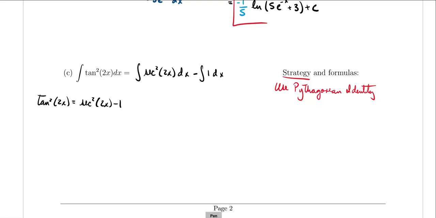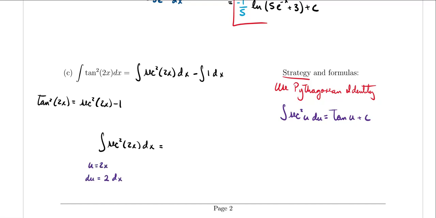So let's go ahead and do those integrals. Now, since we have a secant squared here, I'll just go ahead and rewrite the formula for the integral of a secant squared. So we have the integral of secant squared of u is equal to the tangent of u plus c. So let's see, then the integral of secant squared of 2x is going to be equal to, now this one here, we do have a u. The u is 2x, so our du is 2 dx.